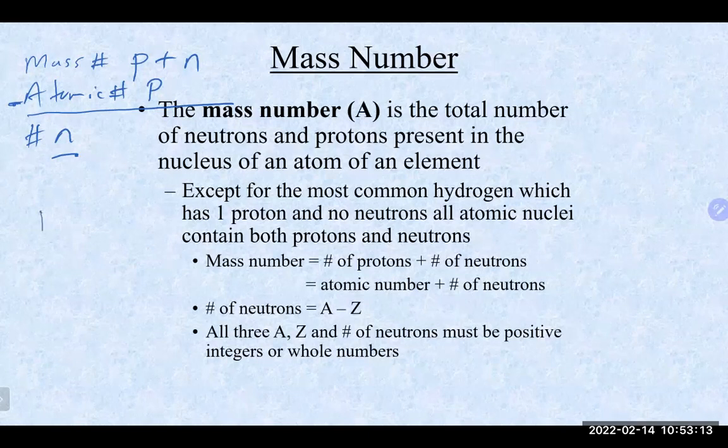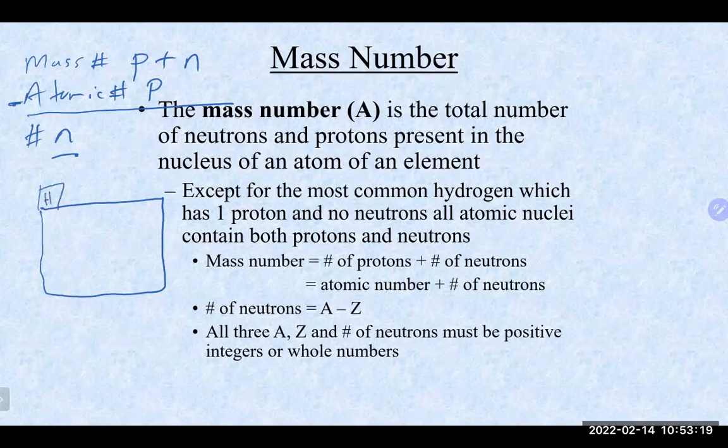And years ago on some periodic tables, including ones I think that used to hang here, you would sometimes see hydrogen over here, and you would sometimes see hydrogen over here as well, on both sides of the periodic table. Not too many are made these days, still put hydrogen sort of to the right, but you used to see it on both sides for some reasons. But hydrogen does have some special properties, and one of those is it doesn't have neutrons.